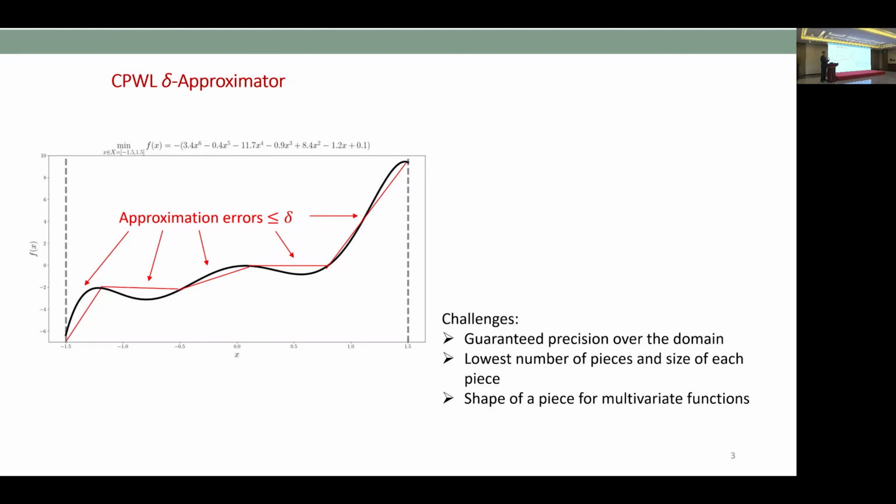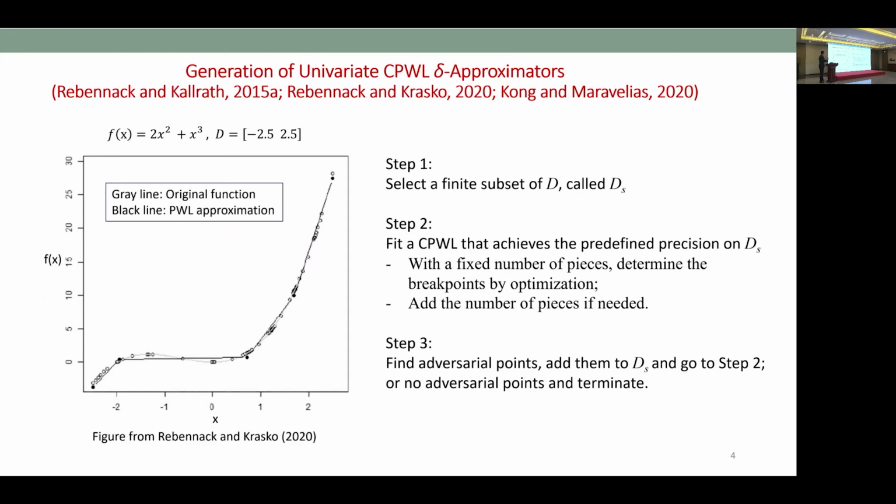So for the first two questions, I think they have been addressed in terms of the univariate CPWL delta approximation research. I think this is a solved problem. People have developed a framework that can guarantee the delta approximation precision over the whole search domain. Basically, you do that iteratively.